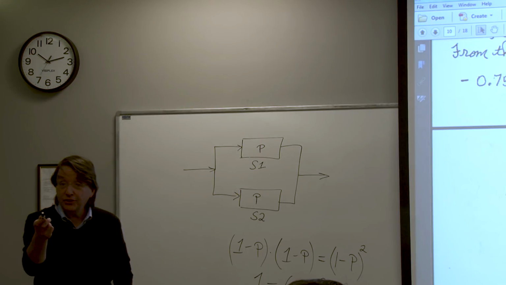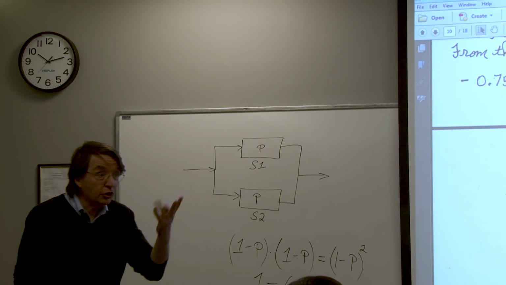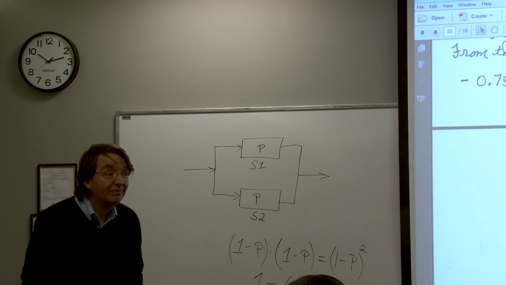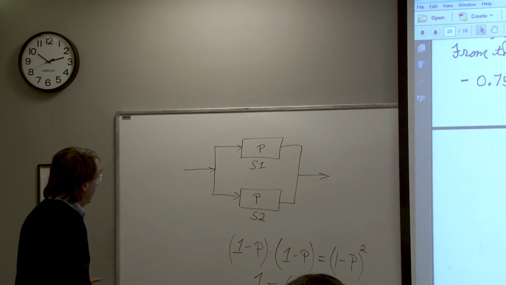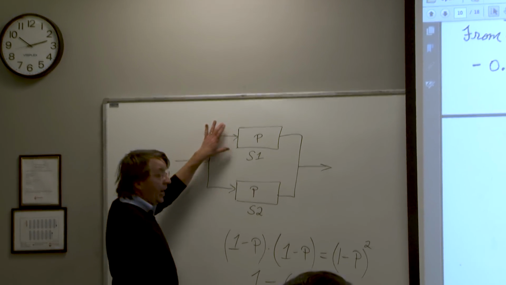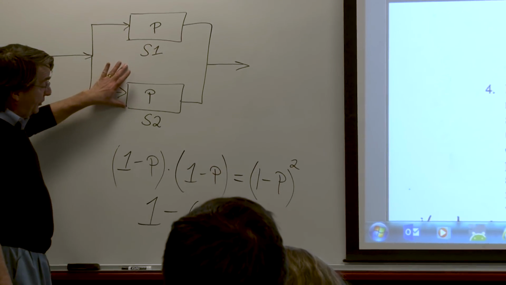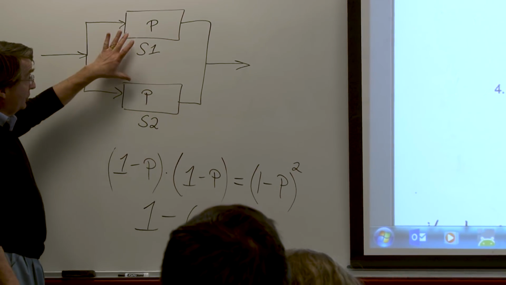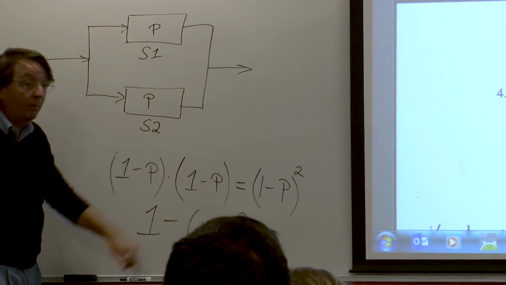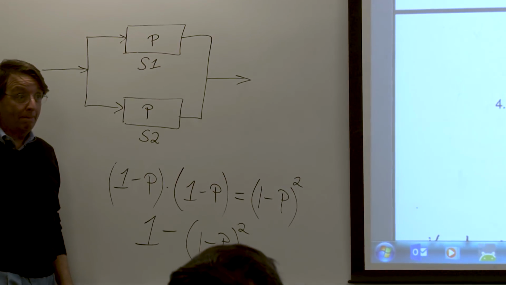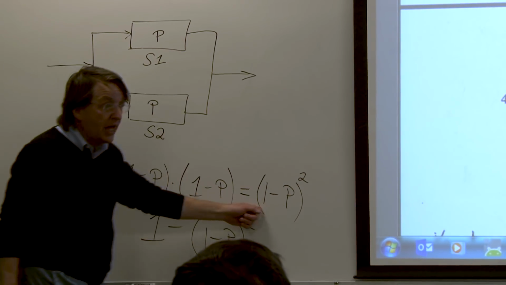If I had 5 sensors, just replace the 2 with the 5. Again, probability of the upper path not working, 1 minus P. Lower path not working, 1 minus P. The system not working, both paths not working, 1 minus P squared. Why? Because they're independent. That's the probability of not working.